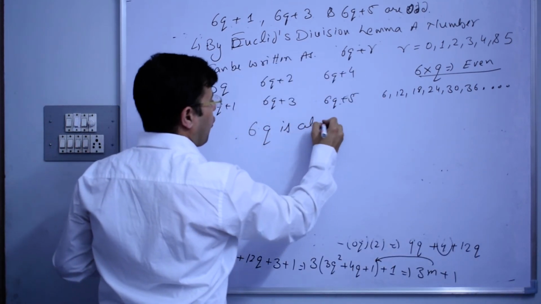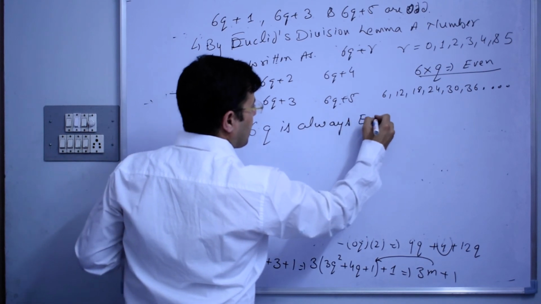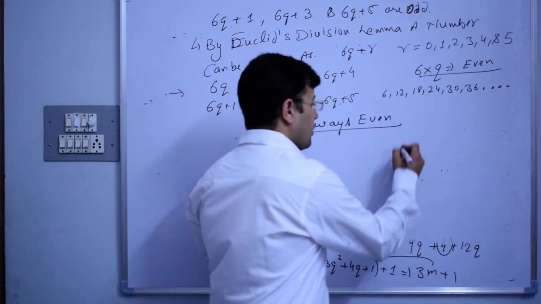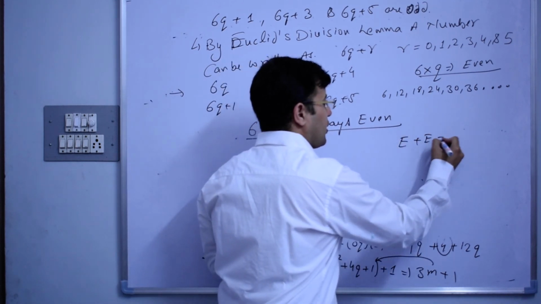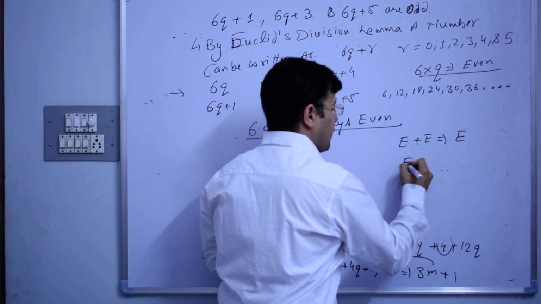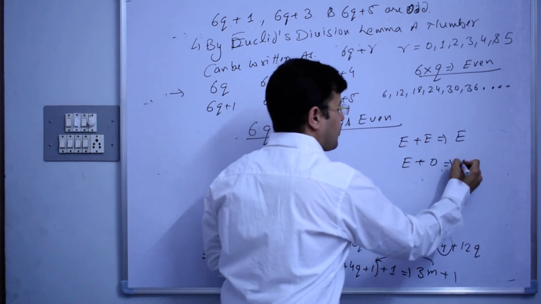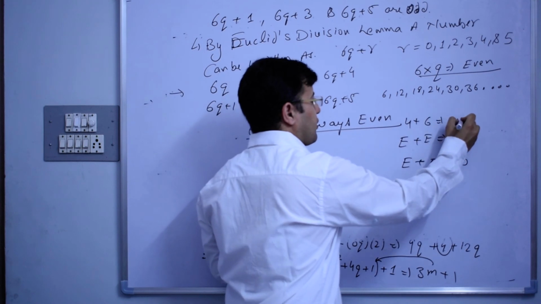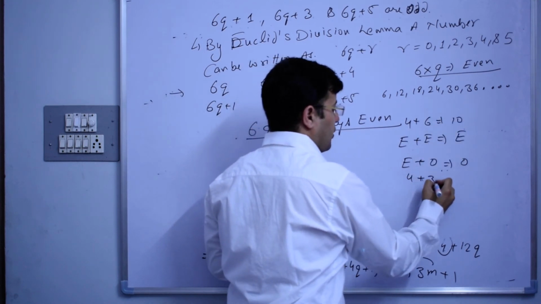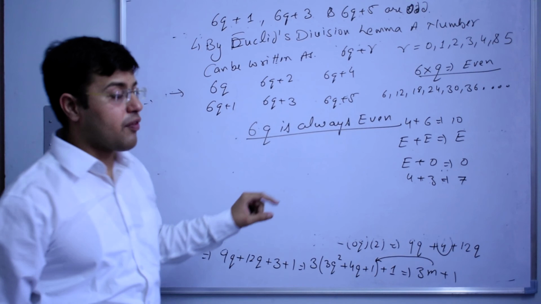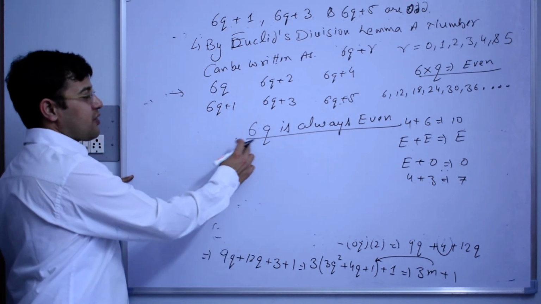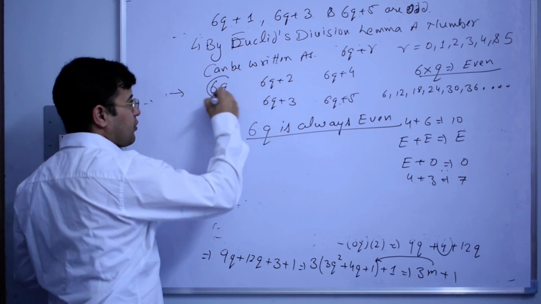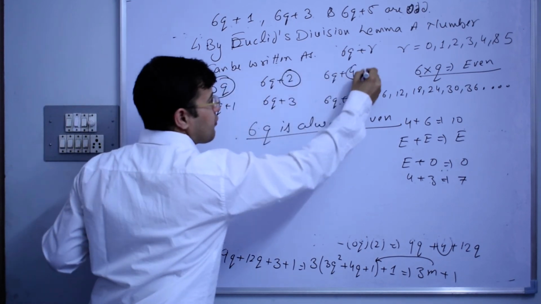Now you know when even is added to even, the result is even. But if even is added to odd, the result is odd. 4 plus 6 is 10, whereas 4 plus 3 is 7. We'll use the same concept over here. That 6q is always even, since 0 into 6q is even, 2 is even and 4 is even.